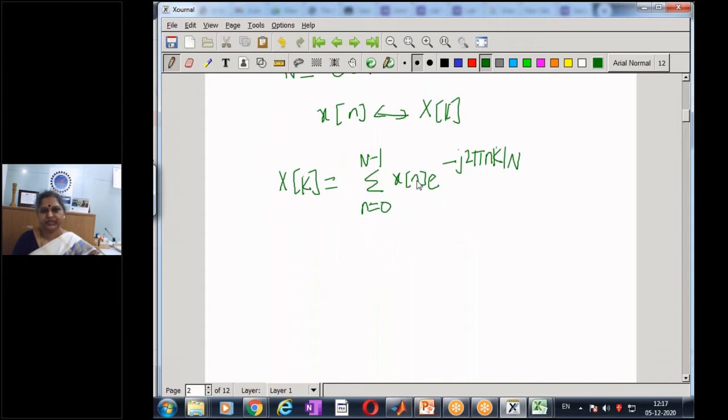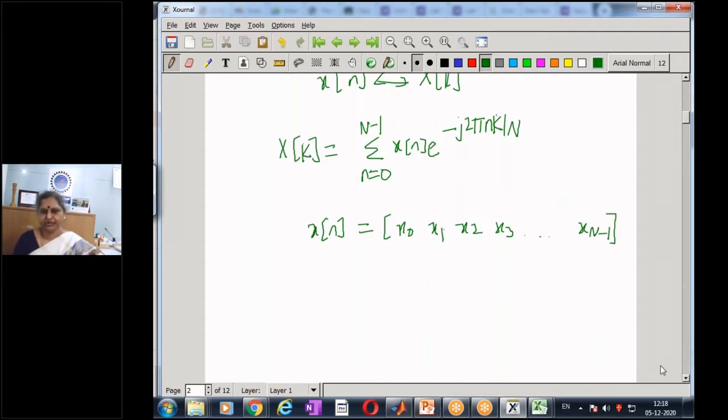Now what I will do is, given the sequence x of n, I am going to split it into two sequences. Let me consider my sequence x of n given by x0, x1, x2, x3, and so on up to x of n minus 1. This is my input. I'm going to split it into two sequences.